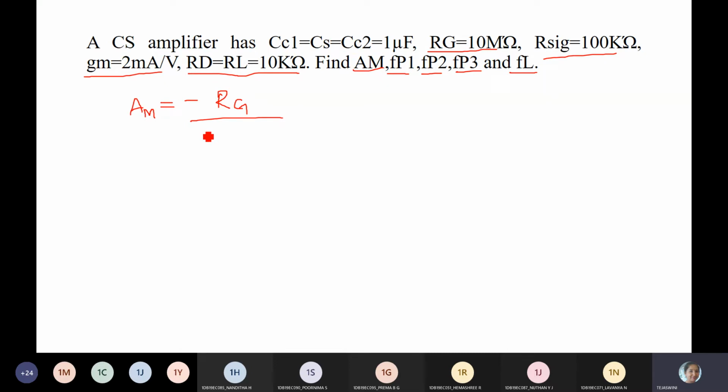So all of you, I want to check, go back to the previous sheets. You have written this formula: RG by RG plus R signal into GM into RD parallel RL.